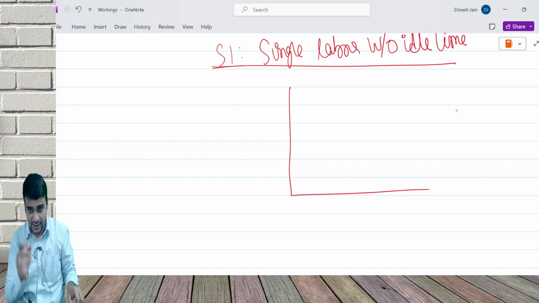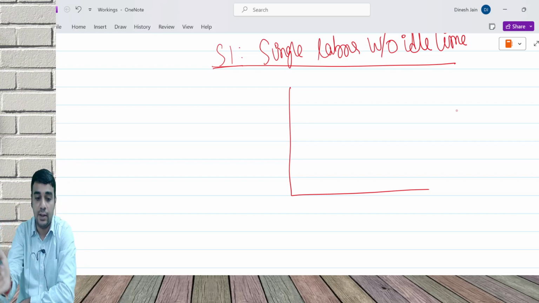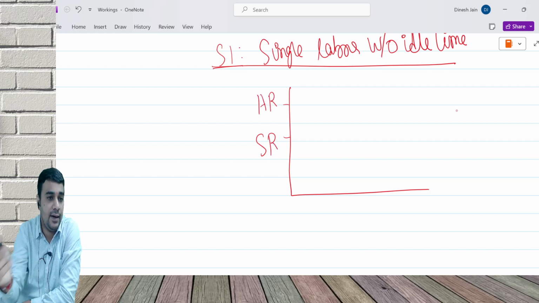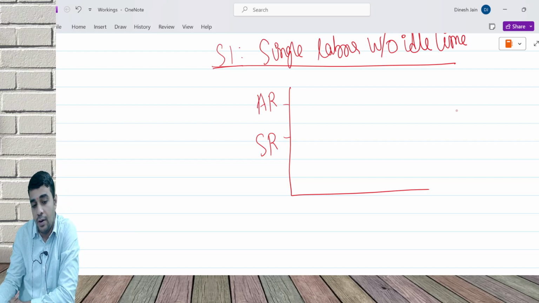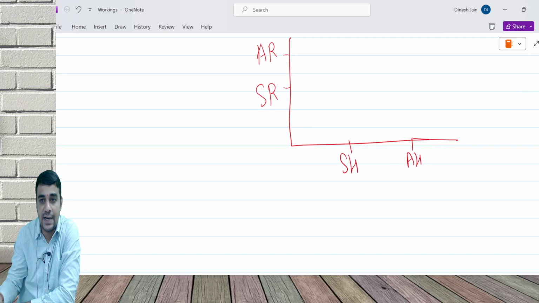For labor, it is number of hours into the rate per hour. It is rate and number of hours. There it is price and quantity. What used to come in y-axis there? SP and AP. Here it is called SR, AR, standard rate, actual rate. What was there in x-axis? SQ and AQ. Here it is called SH and AH: standard hours, actual hours, or standard time, actual time.